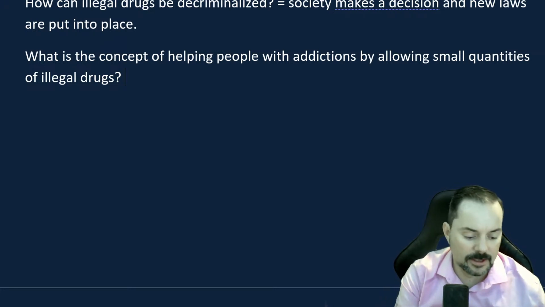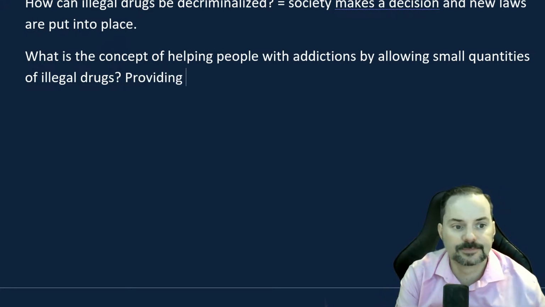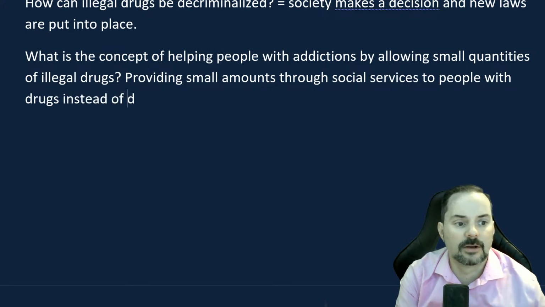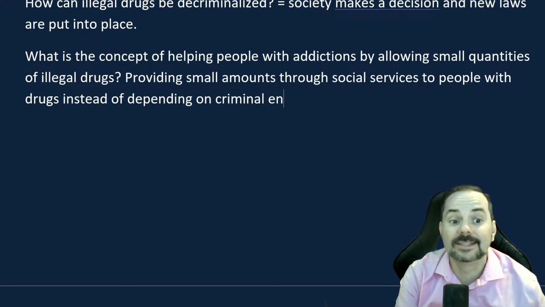Okay, it means providing small amounts through social services to people with drugs, instead of depending on criminal entities.